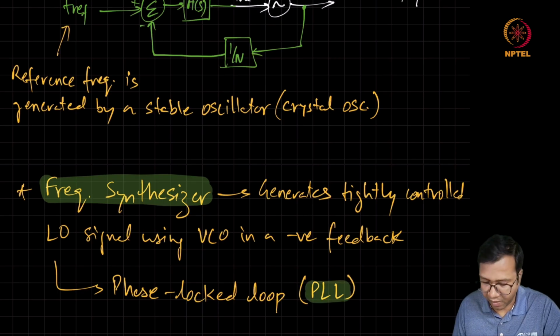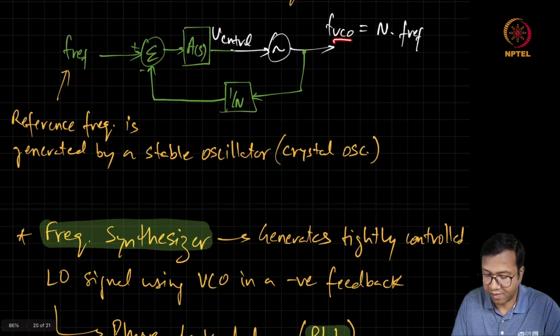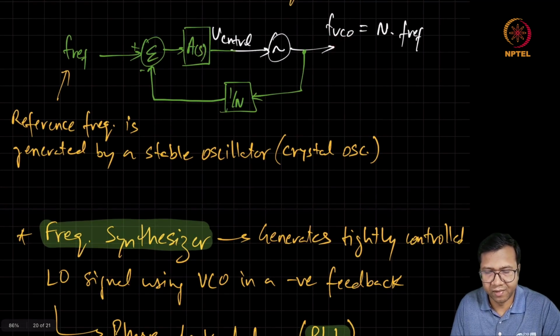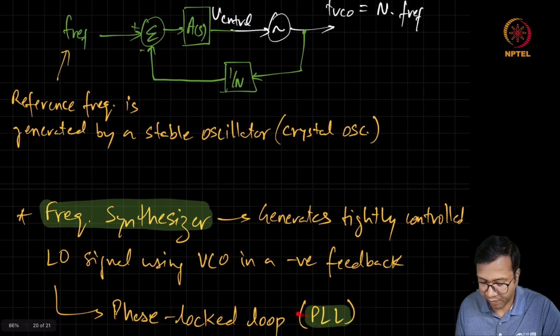Every transceiver will have a PLL to generate the stable LO frequencies. And if the transceiver is operating in the FDD mode where the transmitter and receiver both have different LO frequencies, then we can also expect separate frequency synthesizers, which in turn will be implemented using a PLL for the transmitter as well as the receiver.